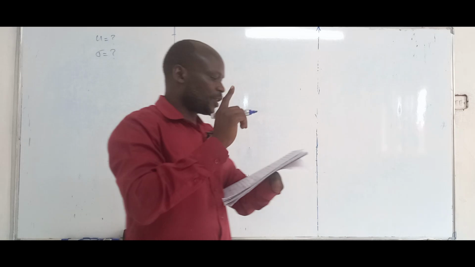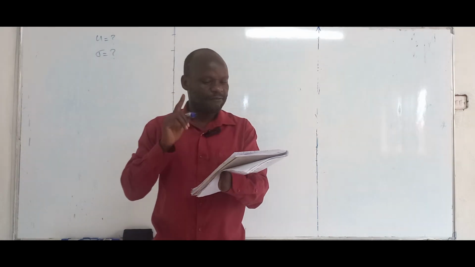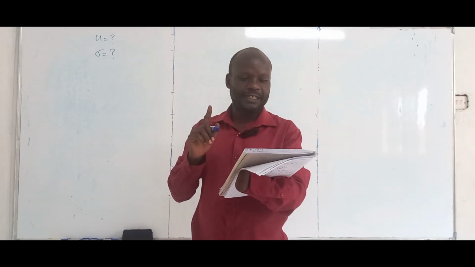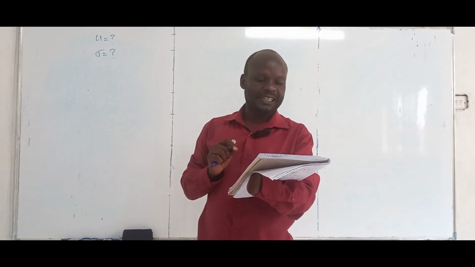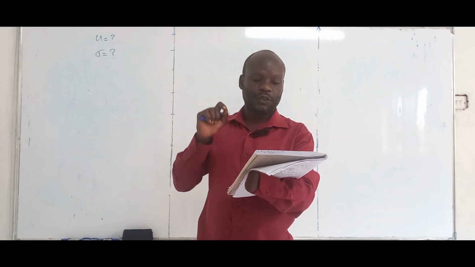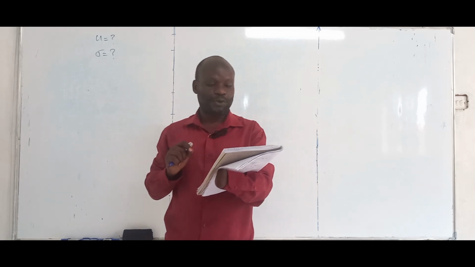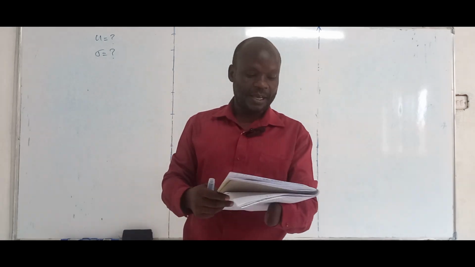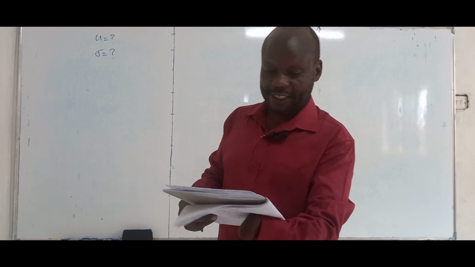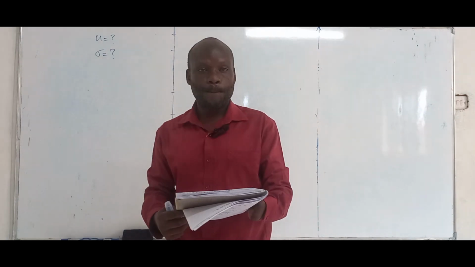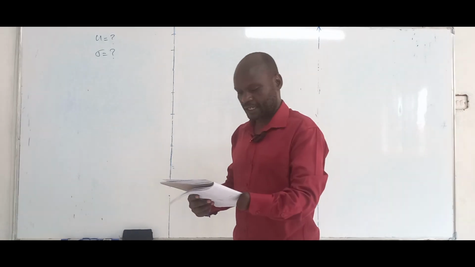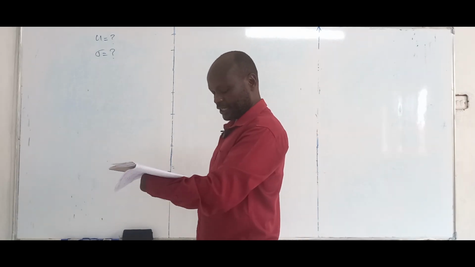It is found that 25% of these women have fingers longer than 8.8 centimeters and 17.5% have fingers shorter than 7.7 centimeters. Part 1: find the values of mu and sigma, that is the mean and standard deviation.